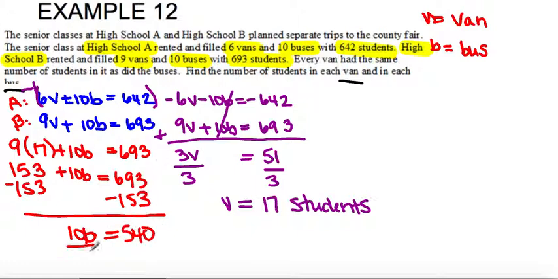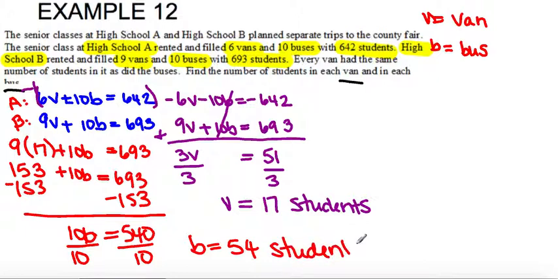I have to get B by itself, so divide by 10 on both sides. So the number of students in each bus is 54. And these are your two answers.